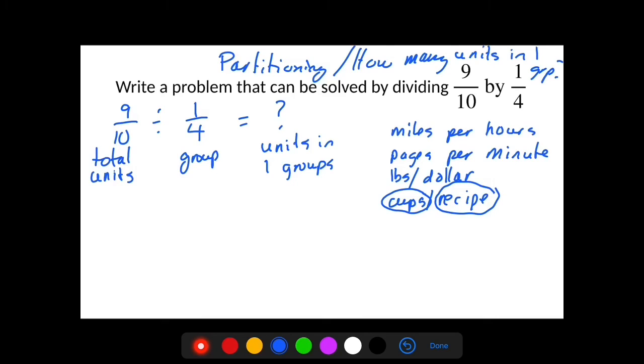So I'm going to go back to my ground beef problem, and now I'm going to think about maybe I need to store my ground beef, and if I buy 9/10 of a pound of ground beef, so I'm going to have 9/10 of a pound of ground beef. Maybe it fits in 1/4 of a storage container, so 1/4 of a Tupperware. And so the question is, how many pounds of ground beef in one Tupperware?